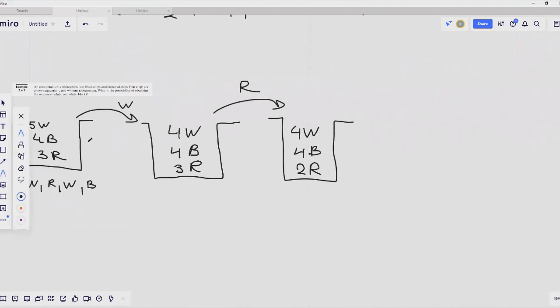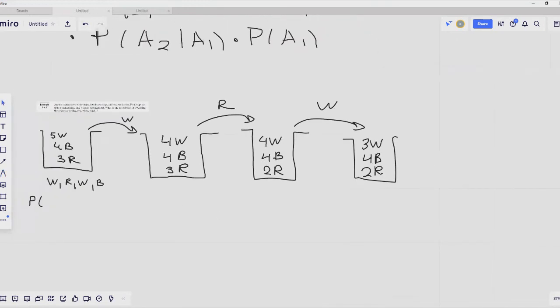Next, if we draw a white on our third draw, given that we have drawn red on second and white on first, we'll end up with 3 white, 4 black, and 2 red chips.